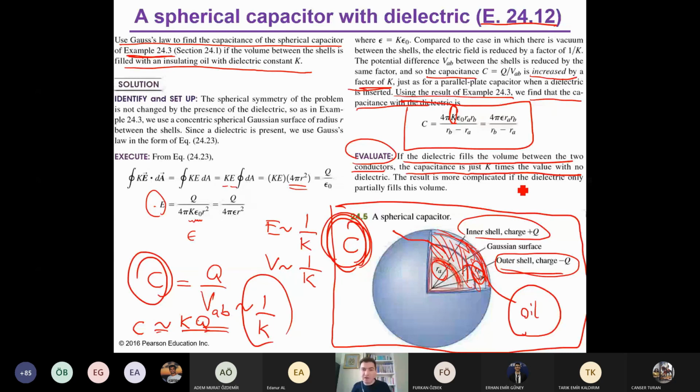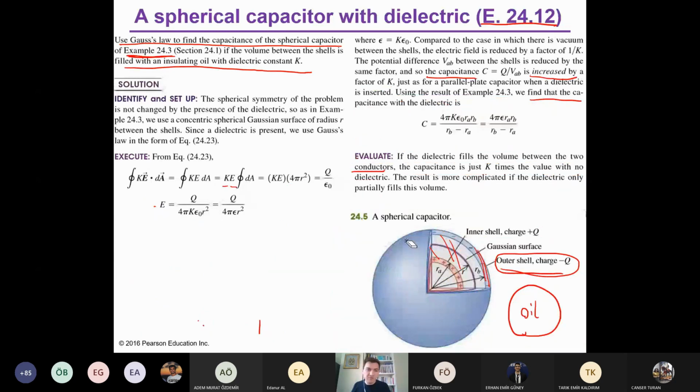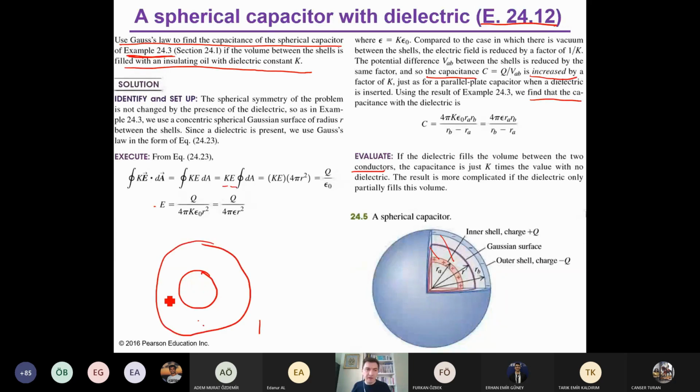This is important. Let me explain. We have one metal sphere, and we have another metal sphere. At the beginning, there is vacuum or air between the spheres, and then we have a certain capacitance, let's say C0.